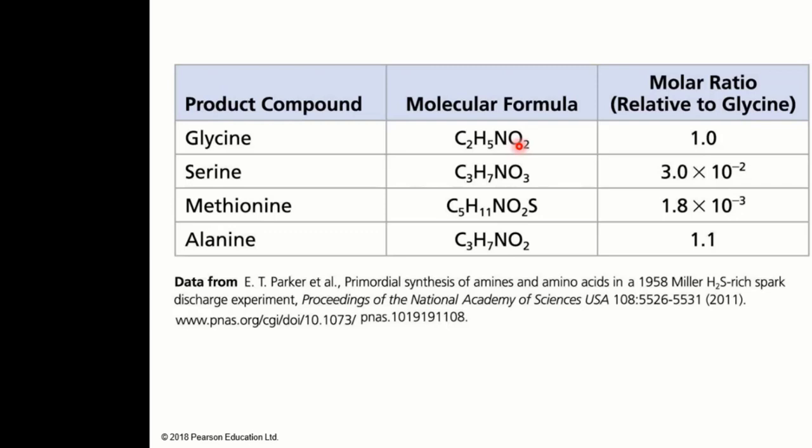Glycine is C3H7NO, then 2 oxygen, and C5 carbon, 11 hydrogen for methionine, and 1 nitrogen, 2 oxygen, and 1 sulfur. And that's also the case for the steroid.